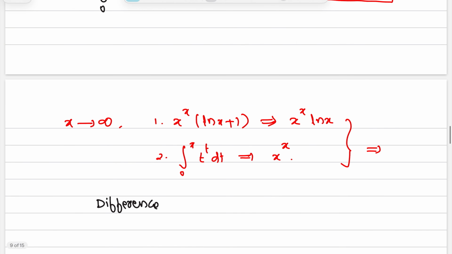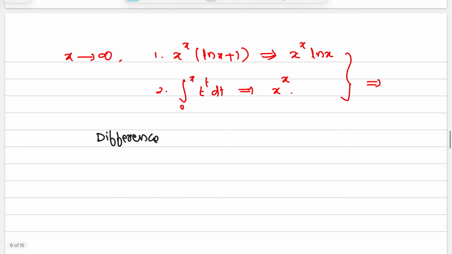That is f(x). The behavior of f(x) at 0 we have found out. Now the behavior of f(x) at infinity we are finding.